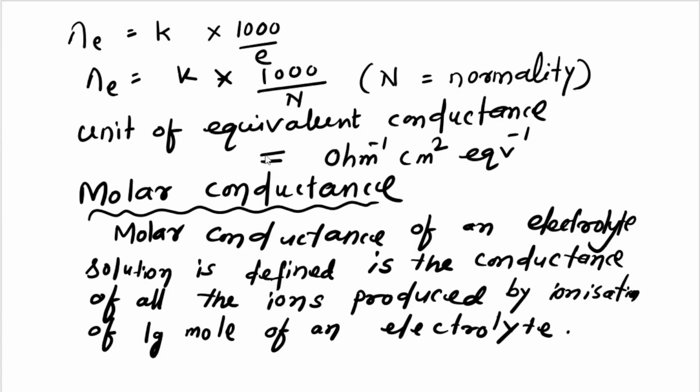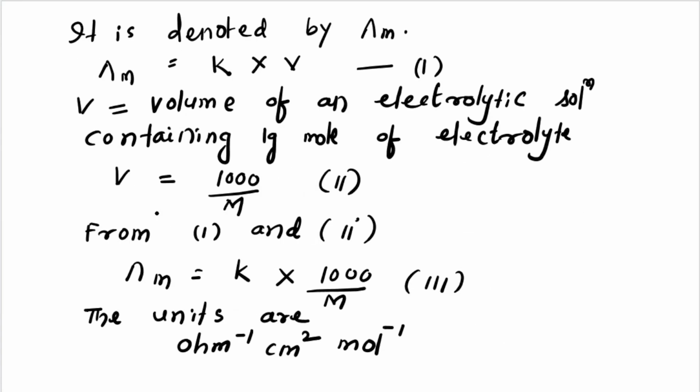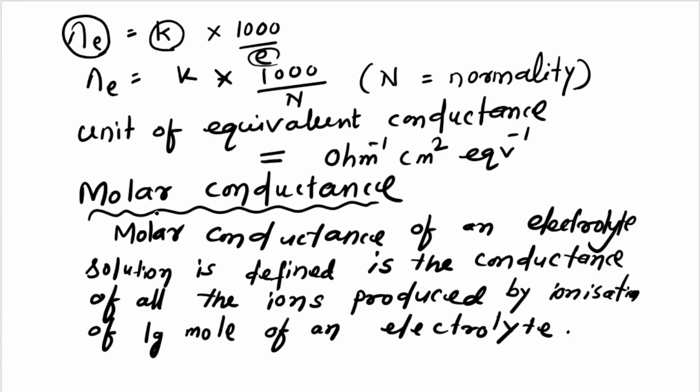Now I am coming to molar conductance. You have seen equivalent conductance, which has kappa and equivalent weight, or normality. Molar conductance is defined as the conductance of all the ions produced in the ionization of 1 mole of the electrolyte.